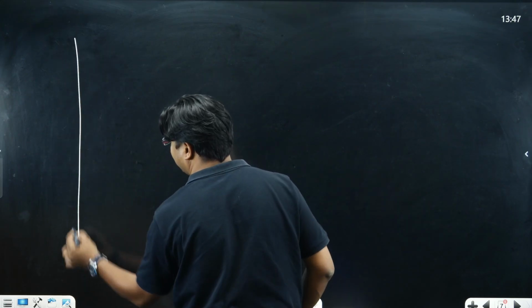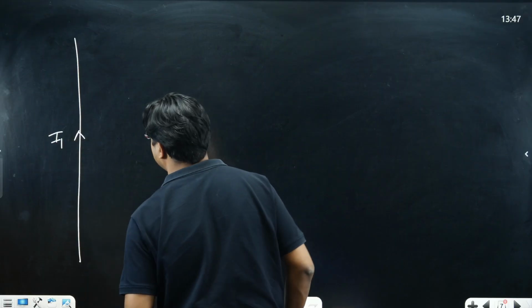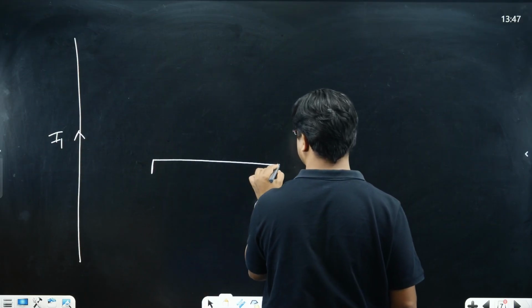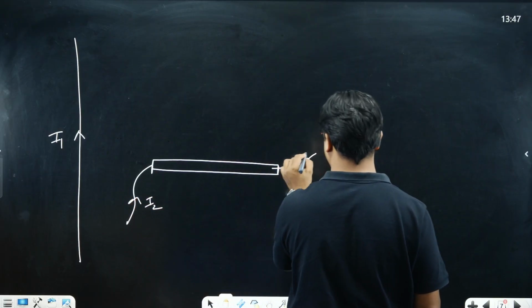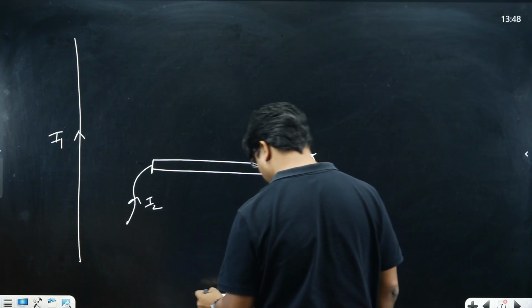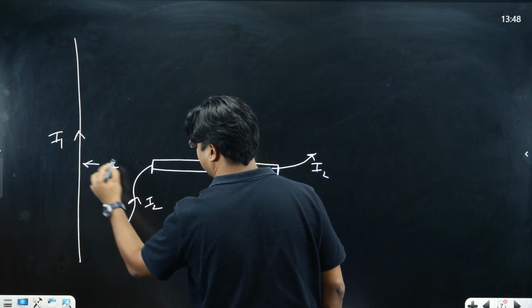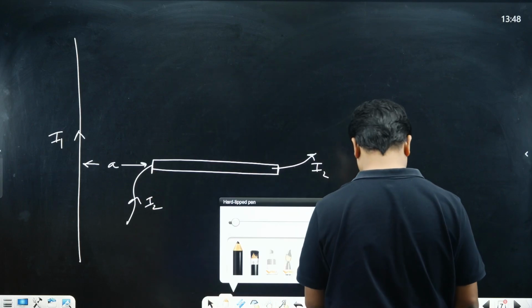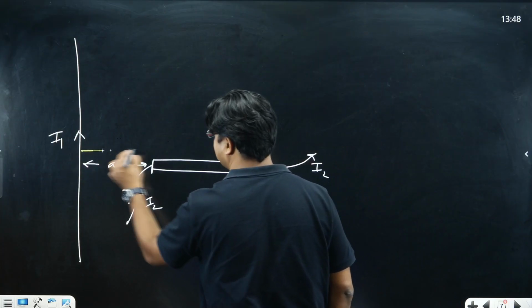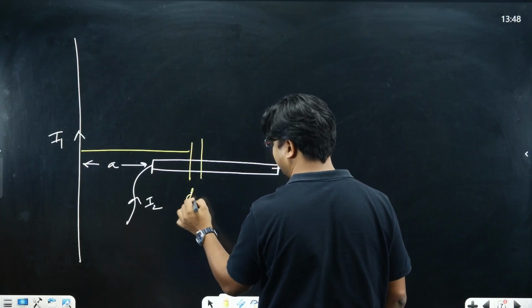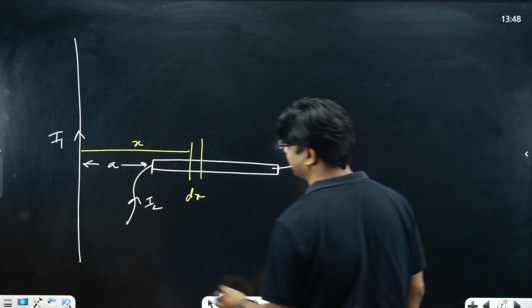Let's say this is a wire carrying a current I1. Same situation, I'm just redrawing it, and I2 current is here. We want to know the net force on it, and this distance is a, which is given to us. So let's consider a small element of width dx at a distance x from the wire.